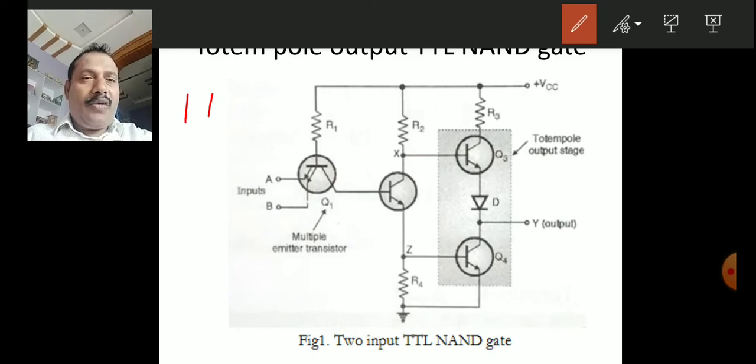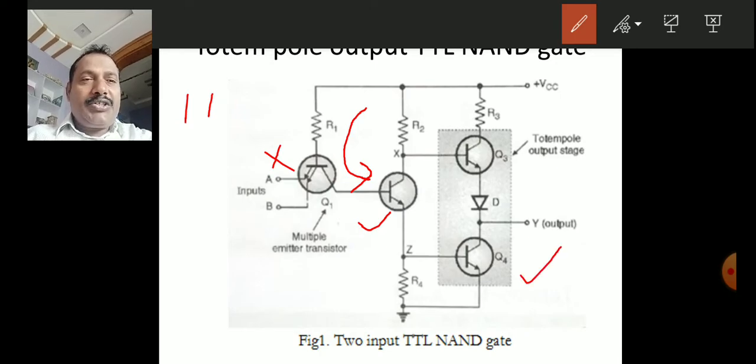Whenever it is cut off, the base current from the power supply flows through transistor Q2, and Q2 is conducting now. This is off, this is conducting. So when Q2 is conducting, Q4 also conducts.